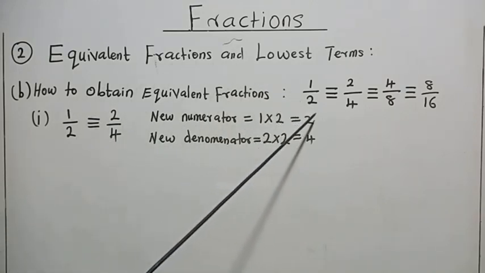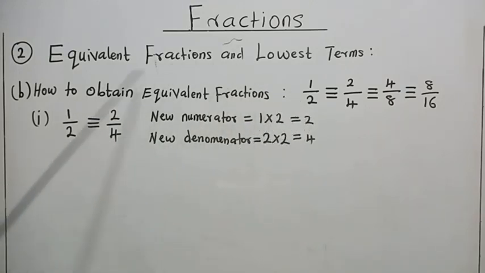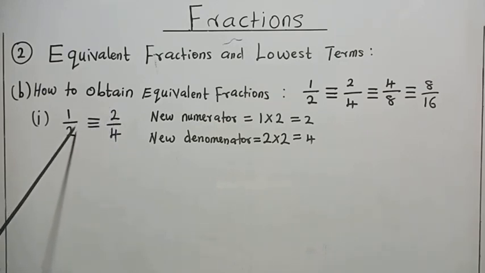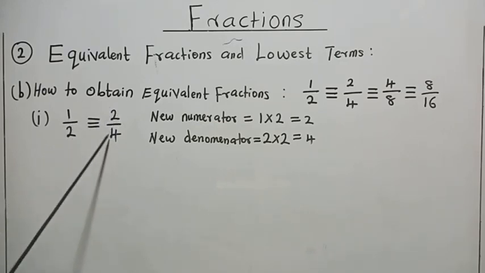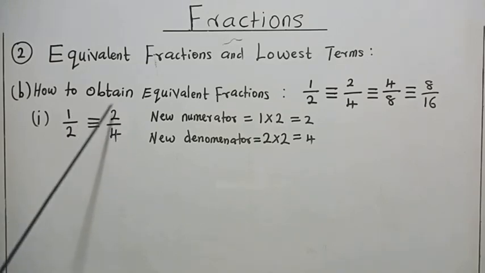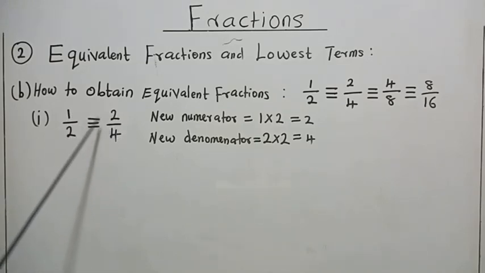Since 2 is the factor that multiplied this 1 to give us this, that same 2 is going to multiply this to give us this. This is not like imposing a law. Instead, it's a statement of what I observed in determining how this turned to this and how this turned to this.